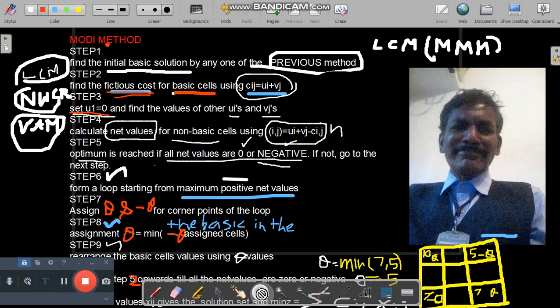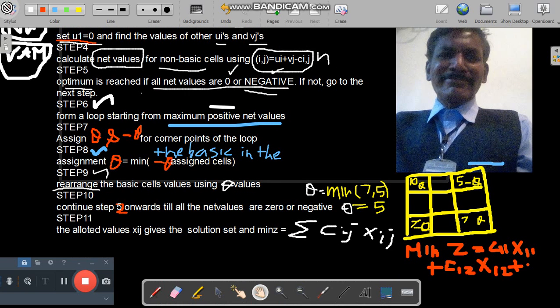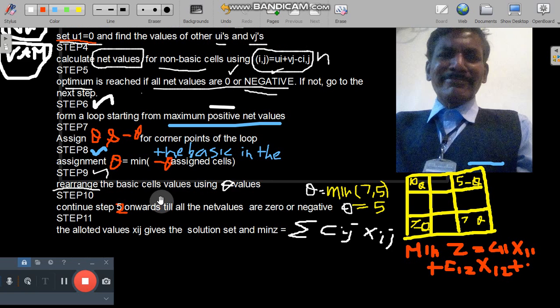Theta value is nothing but the basic values in the minus theta assigned places. You have to identify all minus theta assigned cells. In those cells, what are the basic values? You take all of them.